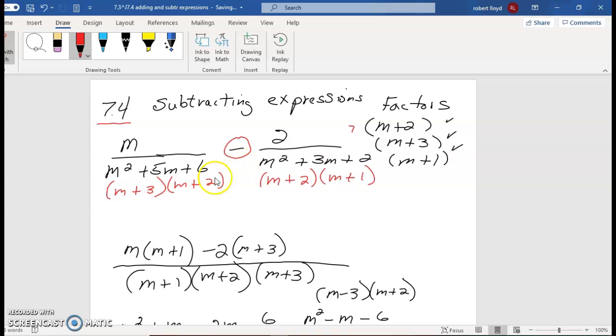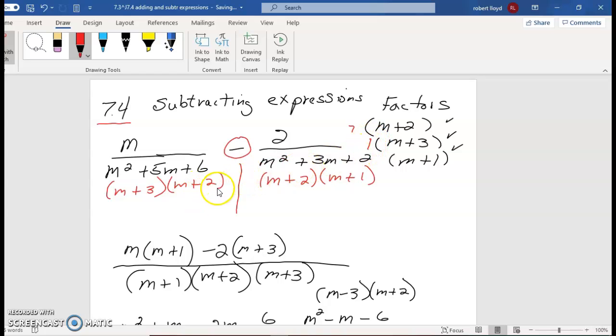Okay, now we have to look for a common denominator between these two. So the first thing we do is find out the different factors. So the one is m plus 3, m plus 2, and we have m plus 1. Okay, so again we look, what's the most m plus 3's we have? Well, that's 1.